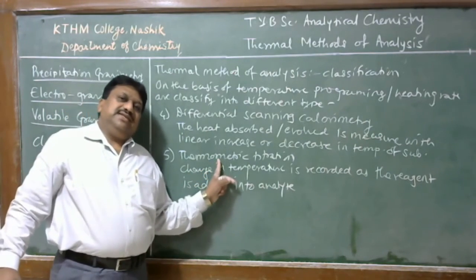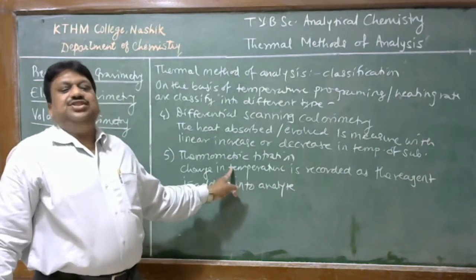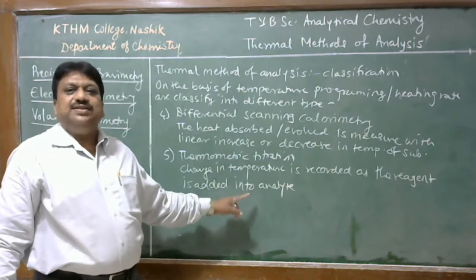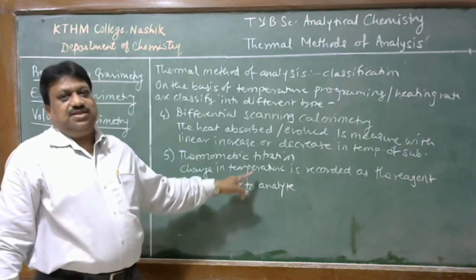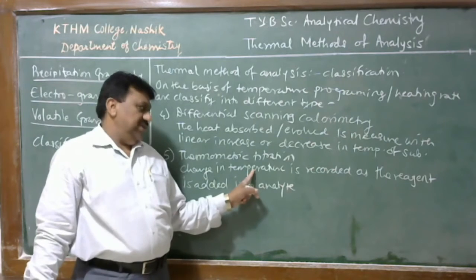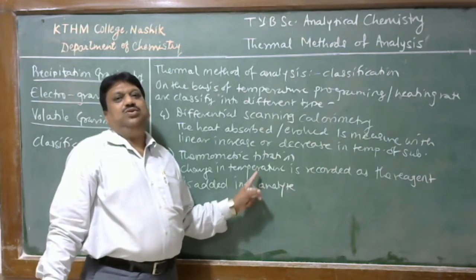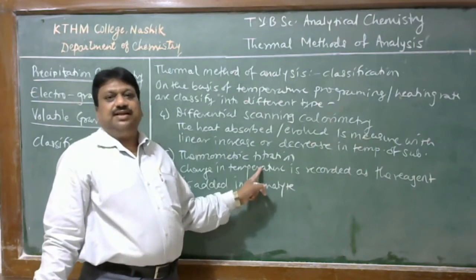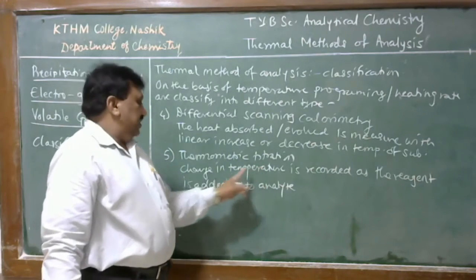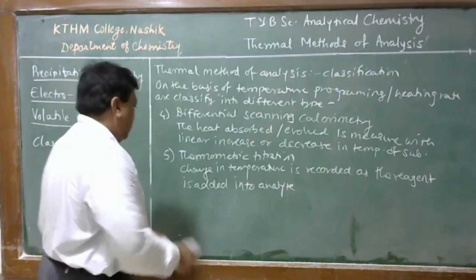In this case, the equivalence point is determined by recording change in temperature of a sample solution as a function of reagent added. Similar to other titrations, if the titration reactions are completed, then we have two straight lines intersecting at the equivalence point. This is a thermometric titration.